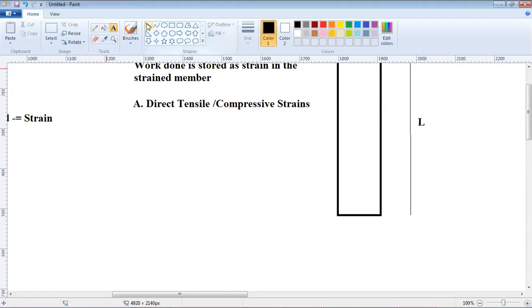There will be a deflection, there will be a strain happening. So there will be extension of this column.